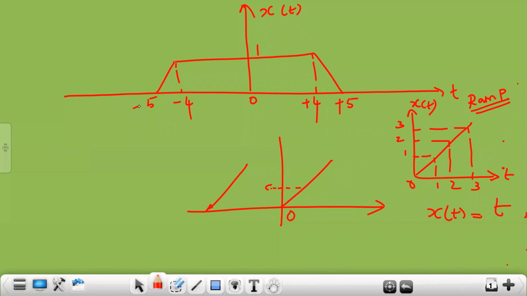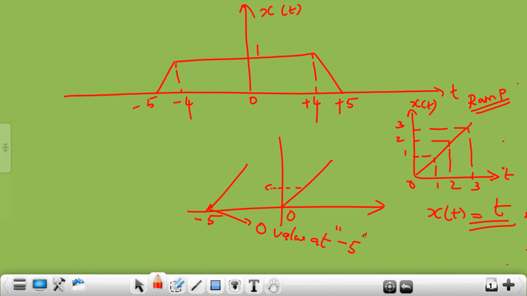So now it is shifted to -5. Then how can you write this equation now? Please ensure that the signal has a 0 value at -5. At t equal to -5, it is having 0.